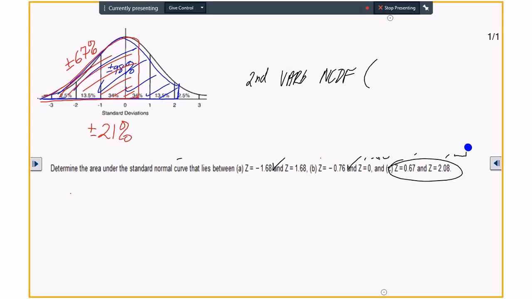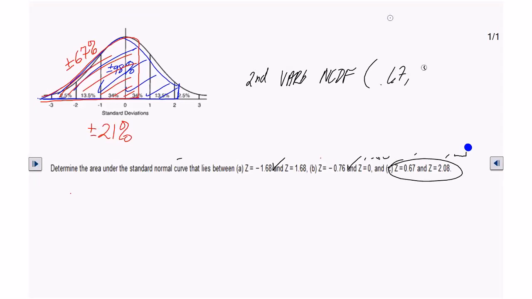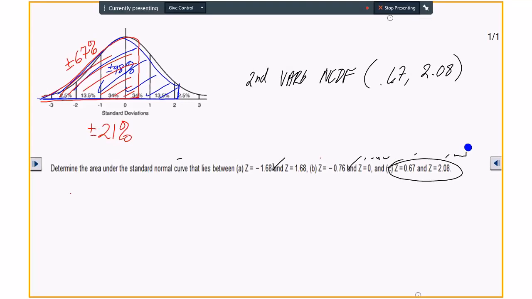So we're going from 0.67, comma, 2.08. And somebody give me that answer. 0.2327. And it's not 98%, so we know we're about right.